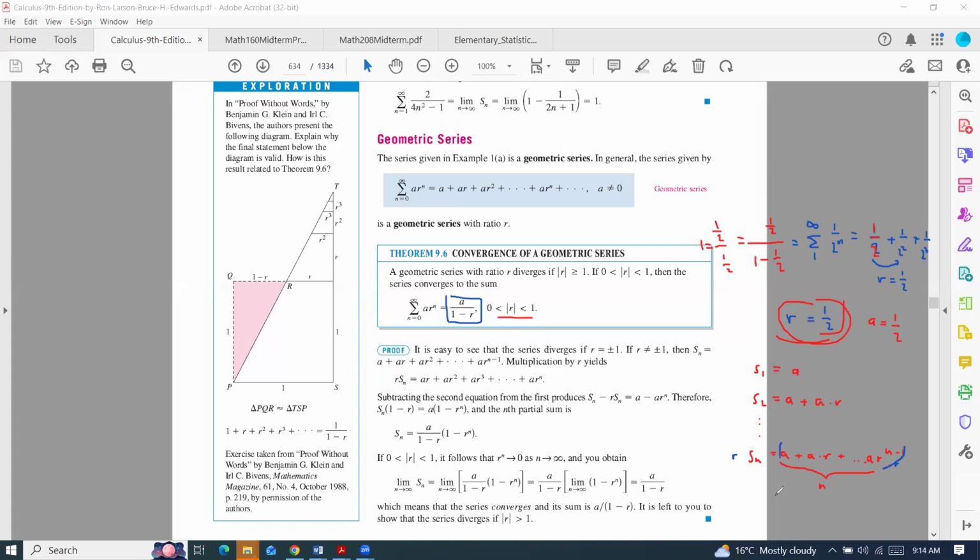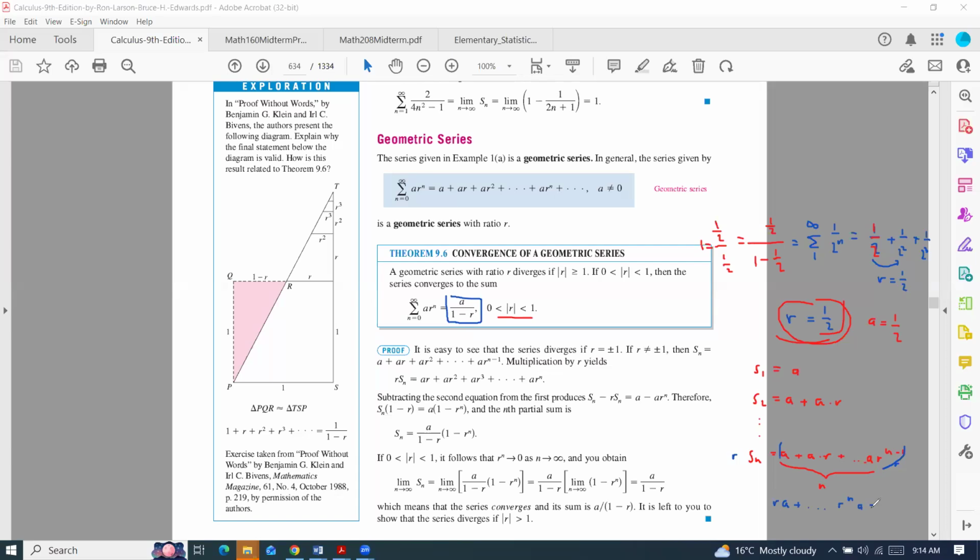Then I end up with r times a plus dot dot dot and r to the power of n times a. And you say, Alex, why did you commute them? I don't know, it makes no difference really.